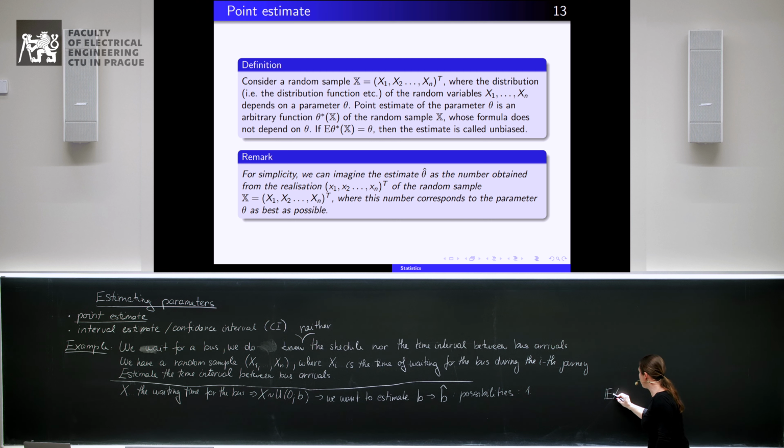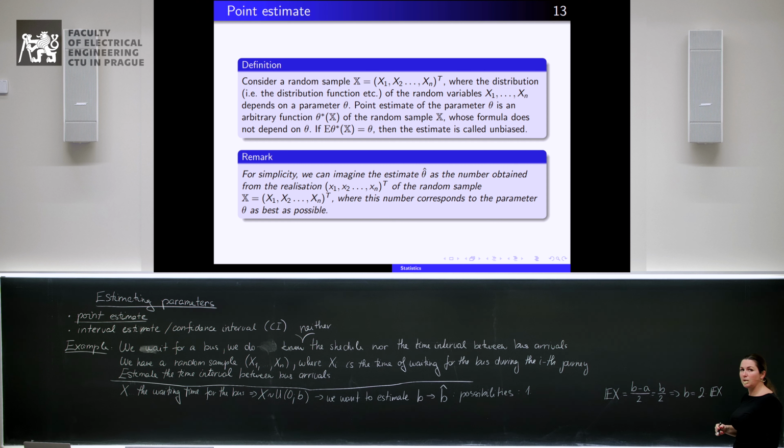the uniformly distributed random variable x, the expected value is (b minus a) over 2, which is b over 2 in our case. So it means that b is equal to 2 times the expected value.